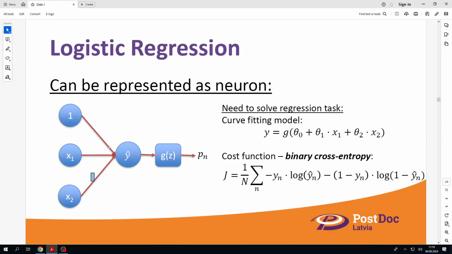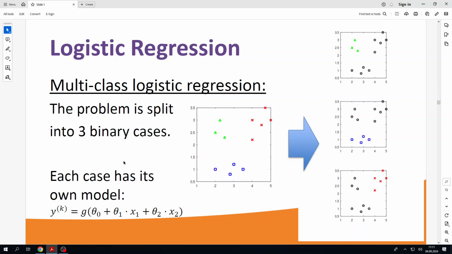And here you add them all together to get a linear regression, which you convert by this activation function into a logistic regression. So this entire procedure can be represented as one neuron. And it's not difficult to see where I'm going: we might now take multiple such neurons and make a neural network in the end. So that's exactly how it happens.